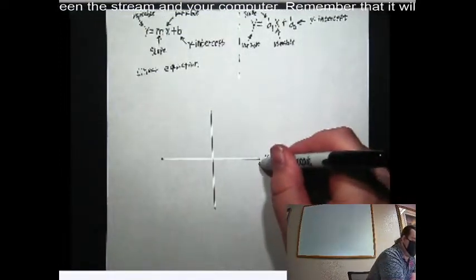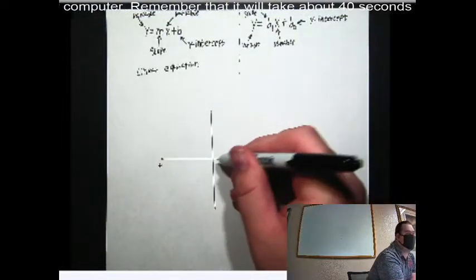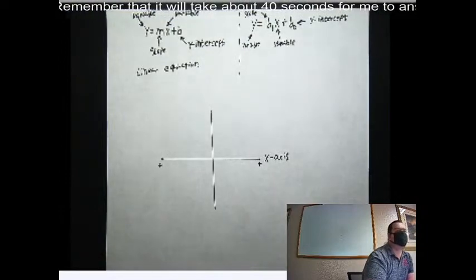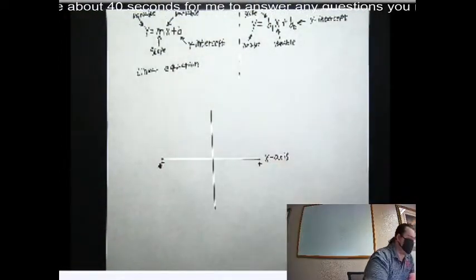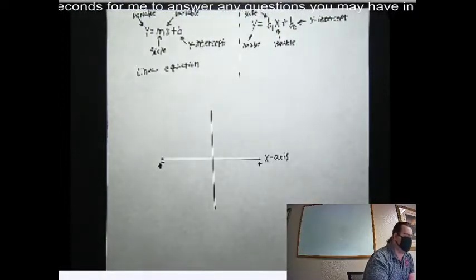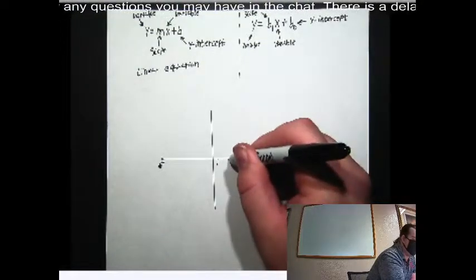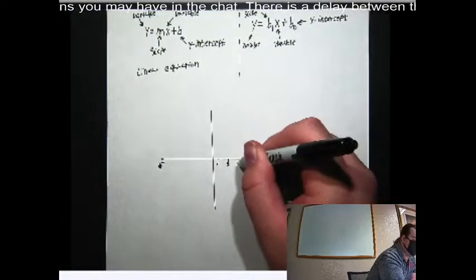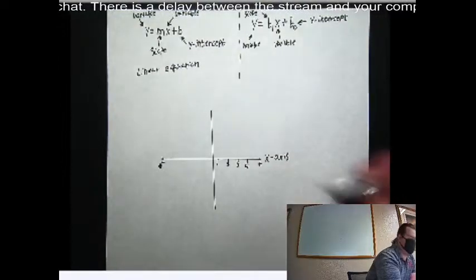We have positive values in this direction, and we have negative values in this direction, meaning that right here in the middle, we have 0. Oops, that should be negative. So this might be something like 1, 2, 3, 4, and then 5 at the end.